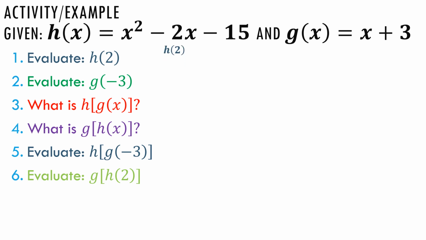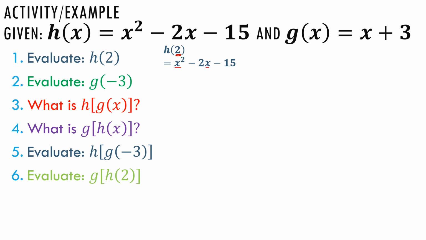Ang titignan lang natin is yung function ng h of x kasi h naman yung nakalagay dito. Magiging, let's copy h of x, x squared minus 2x minus 15. Since 2 ang nandito, so 2 is in the domain of h. Magiging 2 ang lahat ng x na nasa h of x.